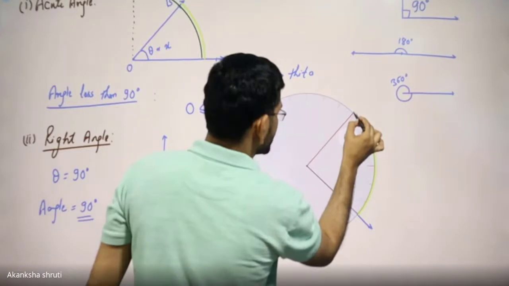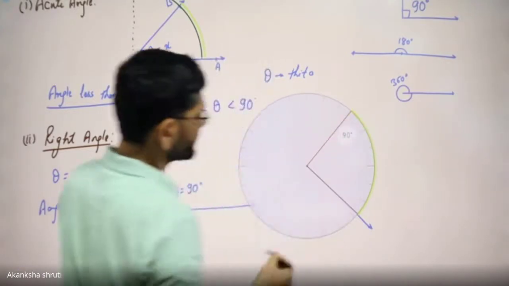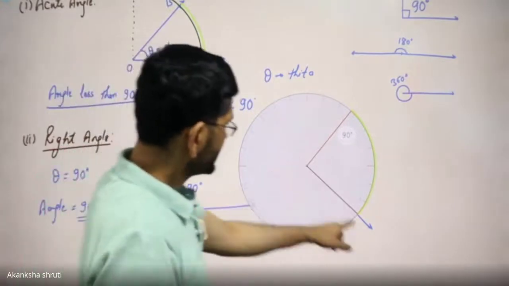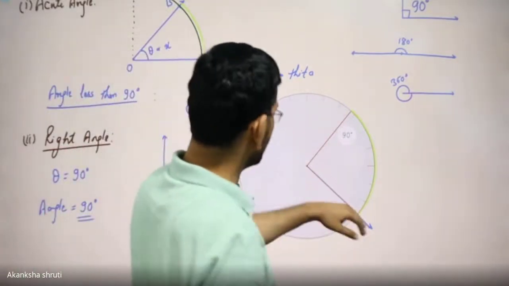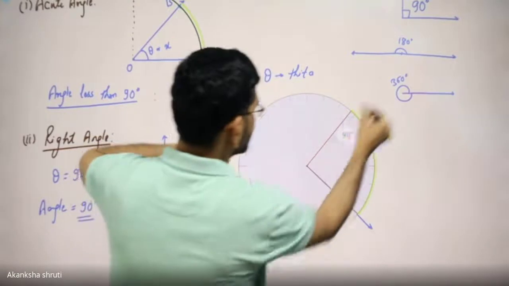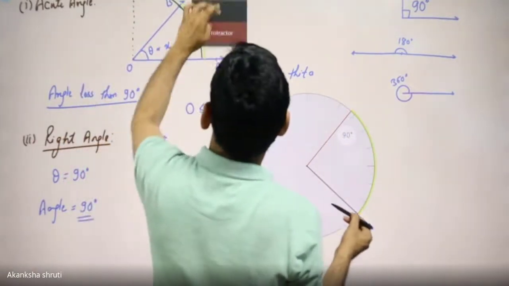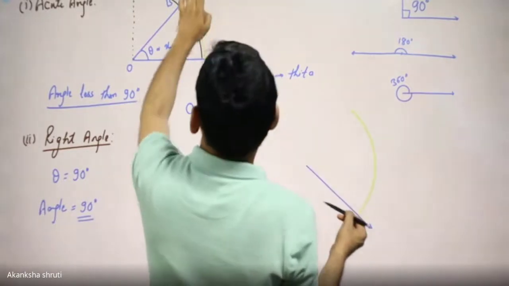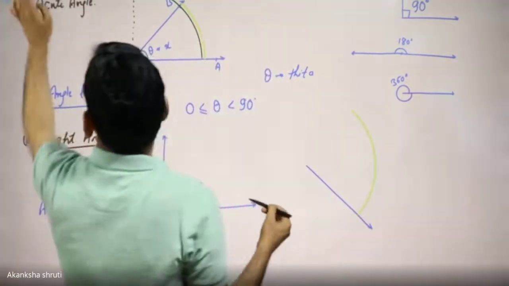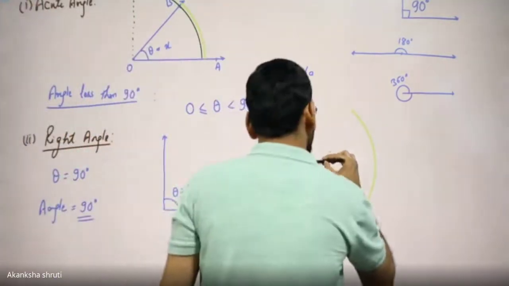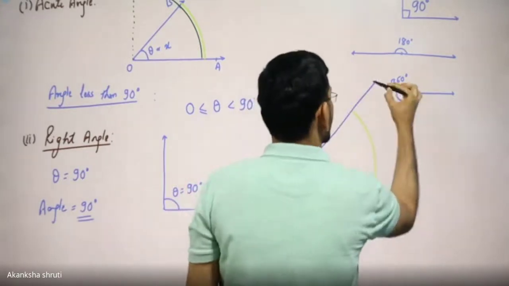If it is greater or smaller than 90 degree, see, means if this is one of the rays or one of the lines or line segments and the other ray or line in this direction, then it will be our 90 degree. Students, so from this point we need to take this one.